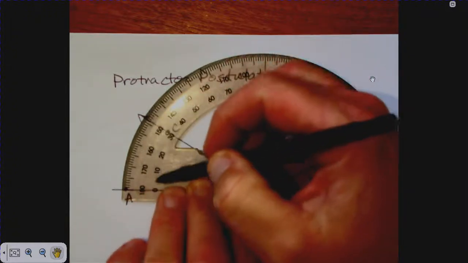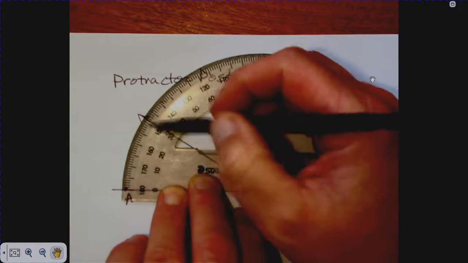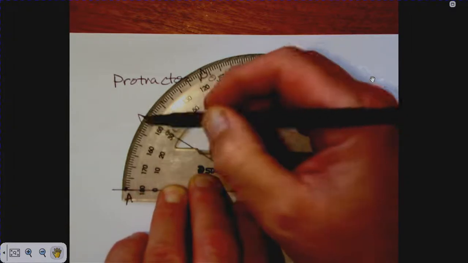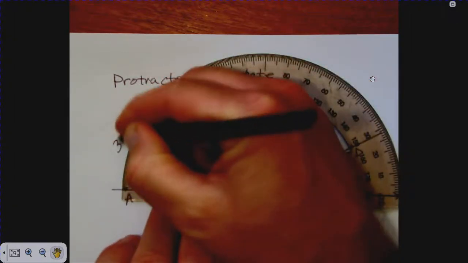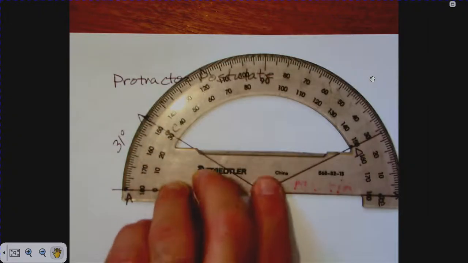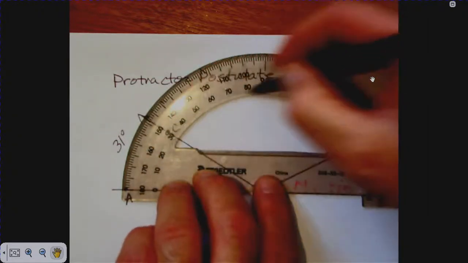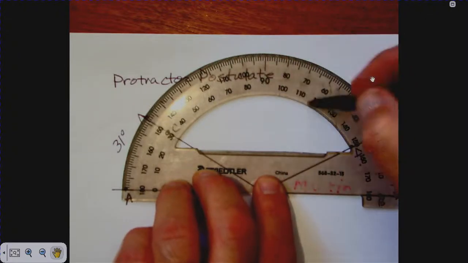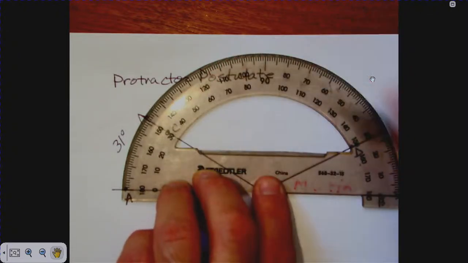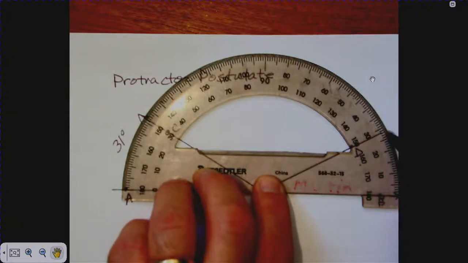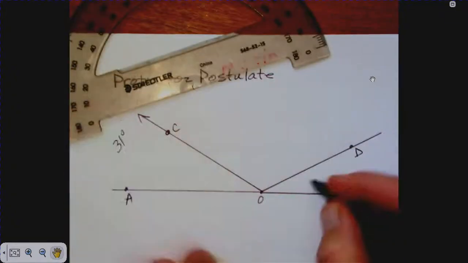So this ray measuring from here is, I'm going to call it 31 degrees. And this one over here, measuring again using this inner scale, because that's where I started, I'm going to call that 152 degrees.